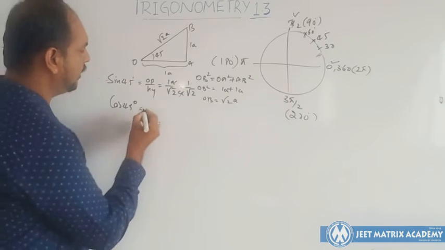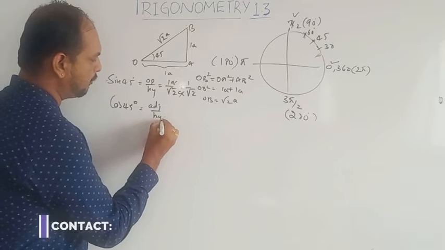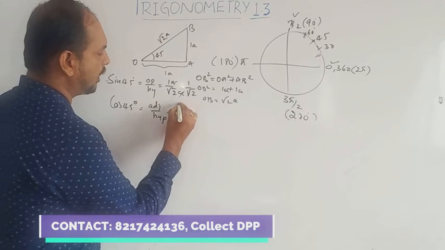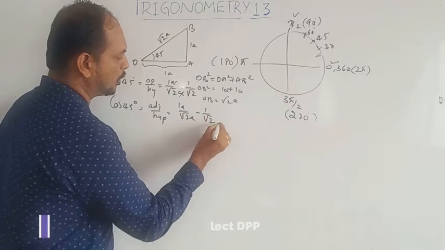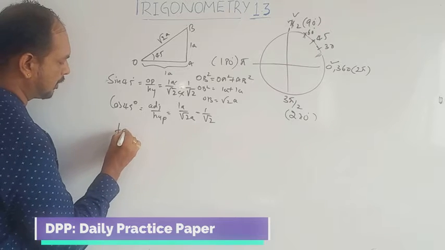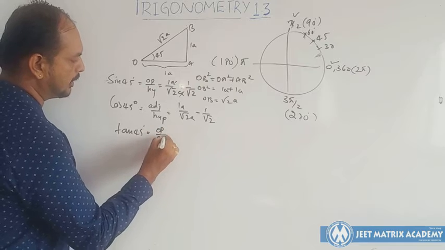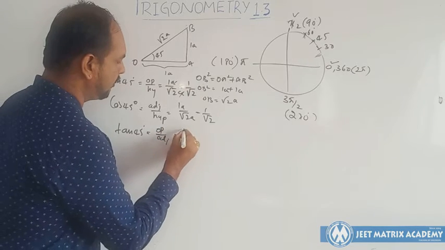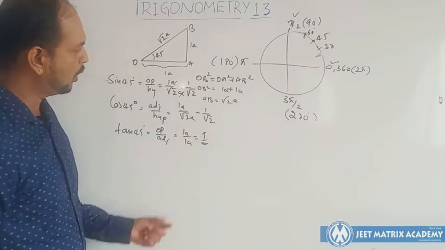So for 45 degree, cos 45 is the adjacent side divided by the hypotenuse. The adjacent side is 1a divided by root 2a, so it is 1 by root 2. Similarly tan 45 degree is the opposite side by the adjacent side, that is 1a by 1a, so that will be 1.